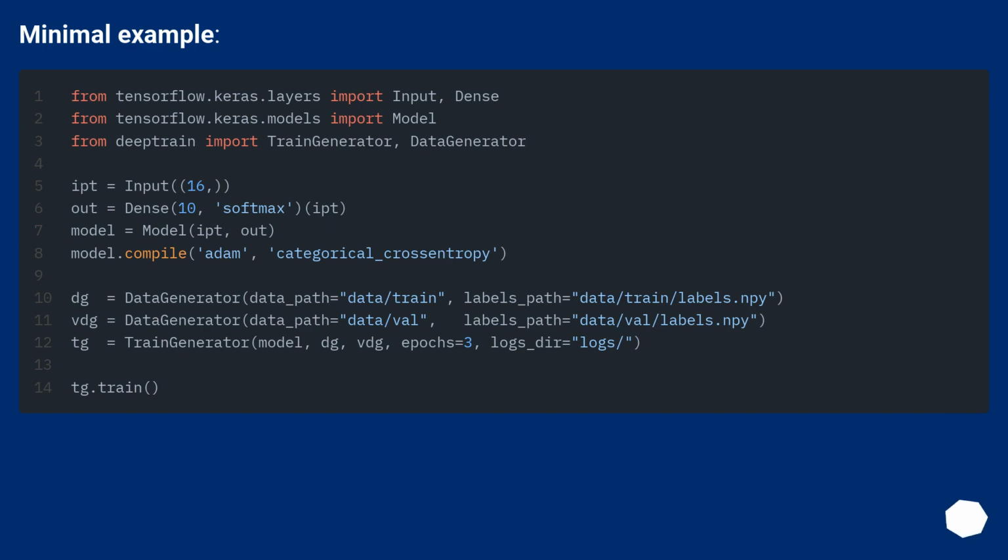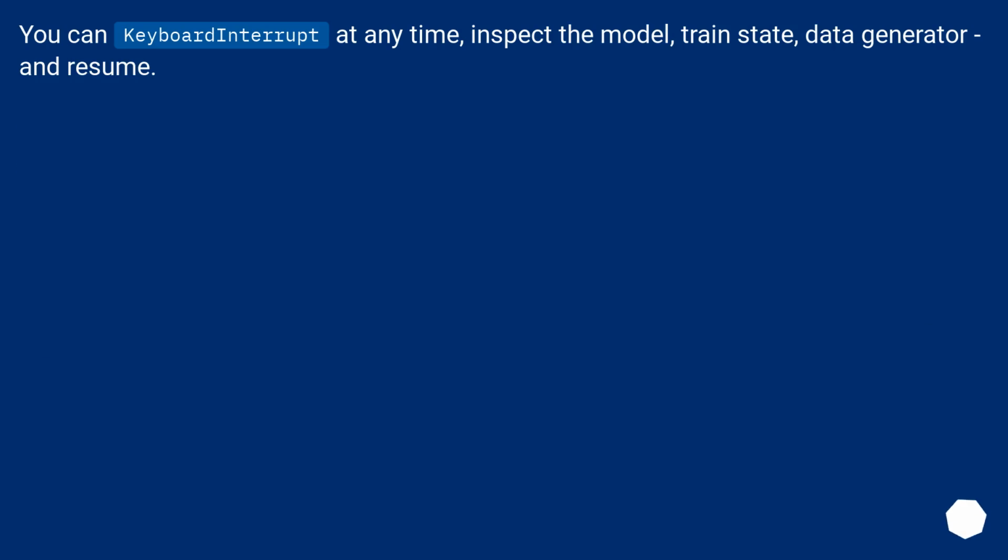Minimal example. You can keyboard interrupt at any time, inspect the model, train state, data generator, and resume.